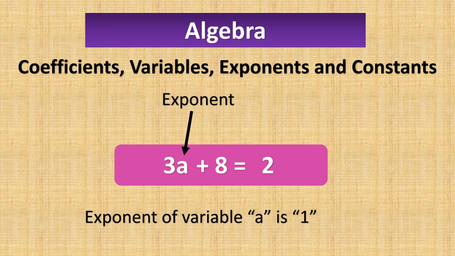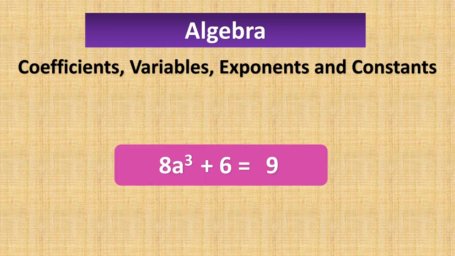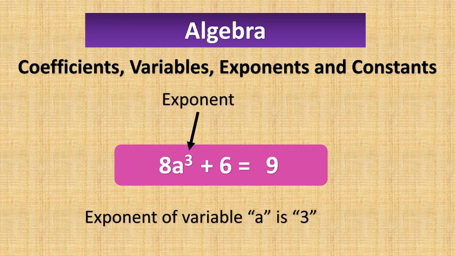You don't need to write 1. Now let's look at another example. 8a cubed plus 6 equals 9. In this equation, 8 is the coefficient, a is the variable, and the exponent of a is 3. So I hope you get the idea of how to know what the exponent of a variable is.